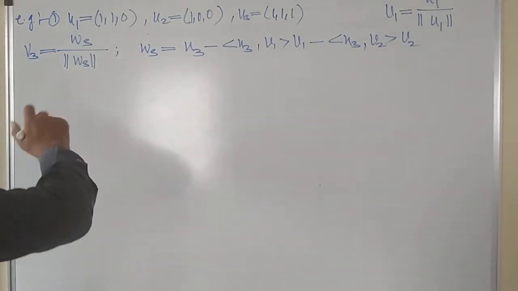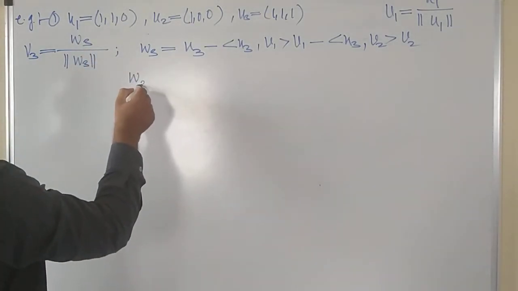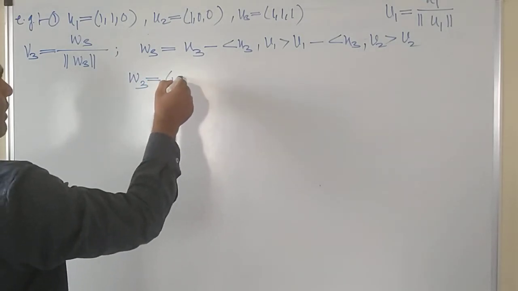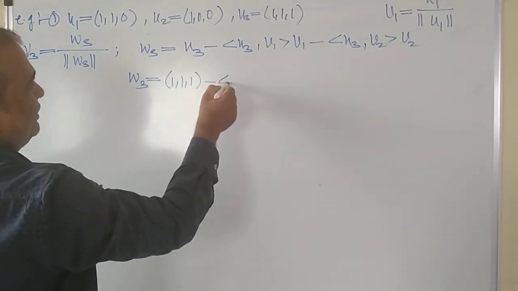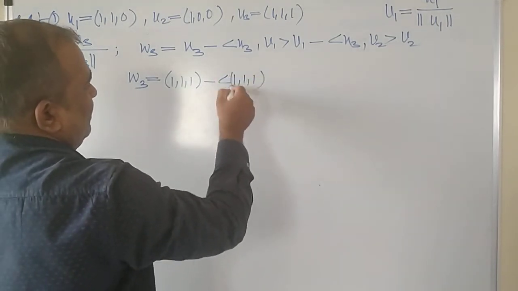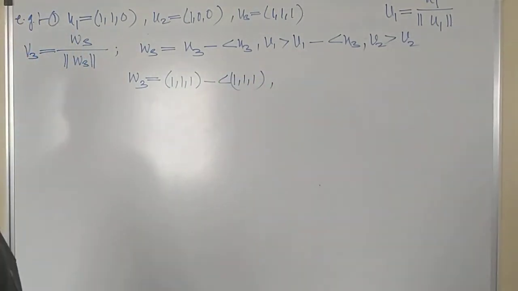So let's calculate the W3 first. So W3 will give you U3. What is U3? U3 is a triple one, minus inner product of U3 with V1. So triple one, and what is V1? V1 is what we got. V1 is half and 0, I think, right?